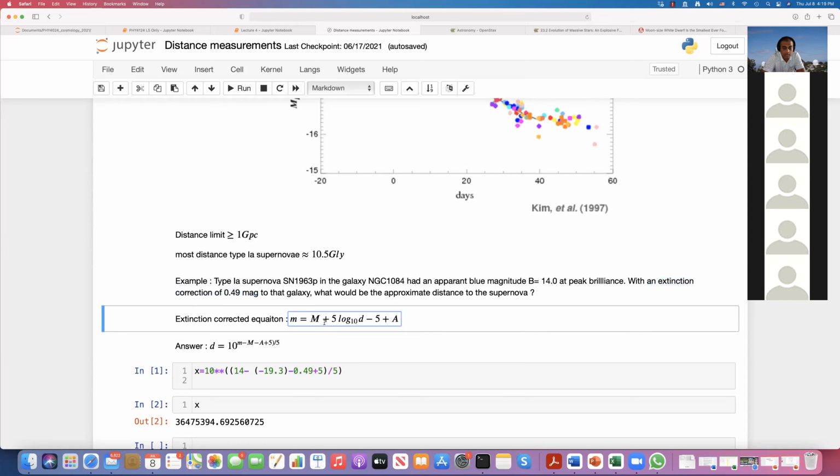And if you remember this equation right here, the apparent magnitude is equal to absolute magnitude plus 5 log d minus 5, and then plus A. And this is what we called the extinction, right? So you have to add that if you are given an extinction correction.